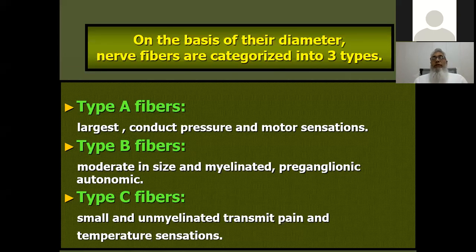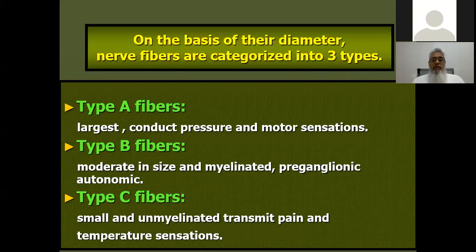On the basis of their diameter, nerve fibers are categorized as type A, type B, and type C fibers. The type A fibers are the largest fibers, and they usually conduct pressure and motor sensations. The type B fibers are moderate in size, and they carry preganglionic autonomic impulses and pain sensations.